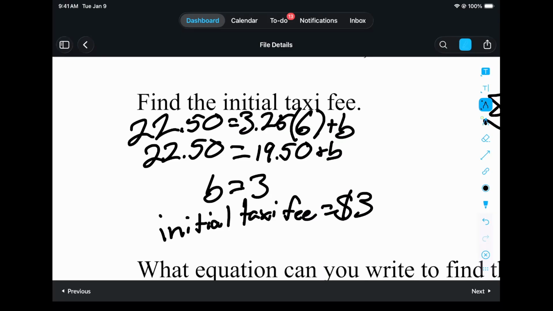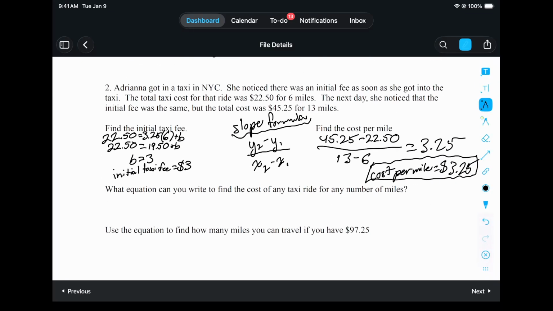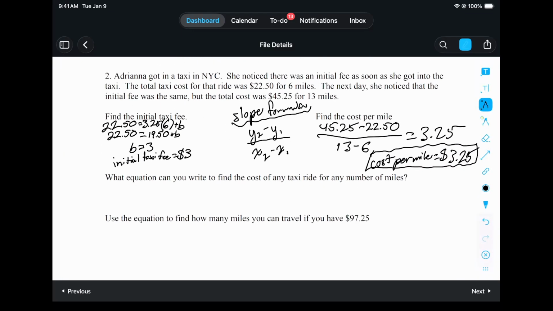That's not how you spell initial. So every time you get into that taxi, before you start driving, as soon as your toe enters the car, bang, you're getting hit with a $3 charge. They're not giving you $3, they're taking $3. Ooh, scary. As soon as you step foot in that car, bang, $3 fee.